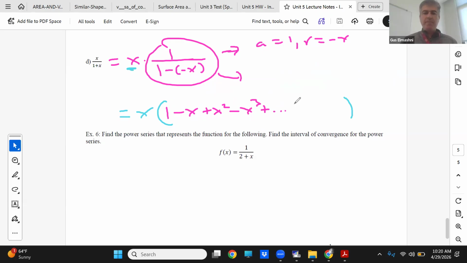First one won't be 1. Correct, it will be x. And then plus negative 1 to the n, x to the n. So after I distribute, I get x minus x squared plus x cubed minus x to the fourth plus dot, dot, dot.